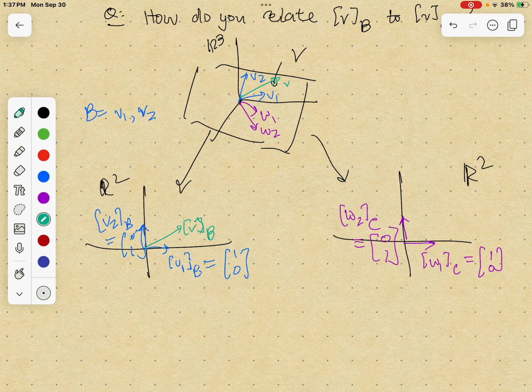It's going to be a bunch of W2s and then minus some W1s, I think. So if I wanted to make my picture accurate, V would be something like that. Okay, so here's V relative to the basis C, the coordinate vector. And the question is, how do I relate this vector and this vector?